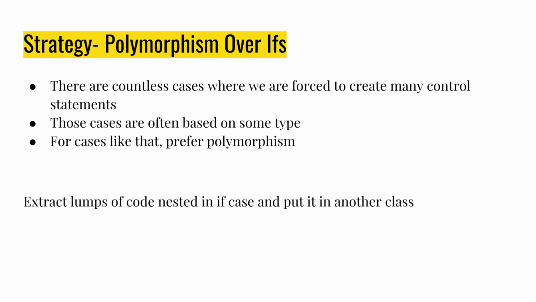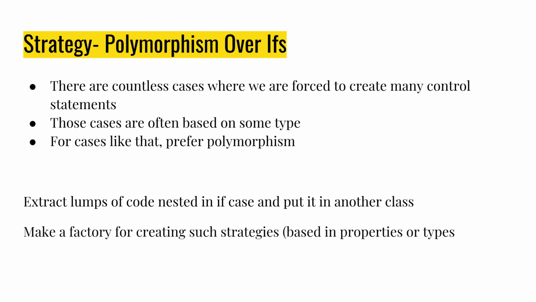Basically, we can extract those lumps of code in if cases and put them in another class. And we can have a factory which handles how those objects responsible for behavior are being created.